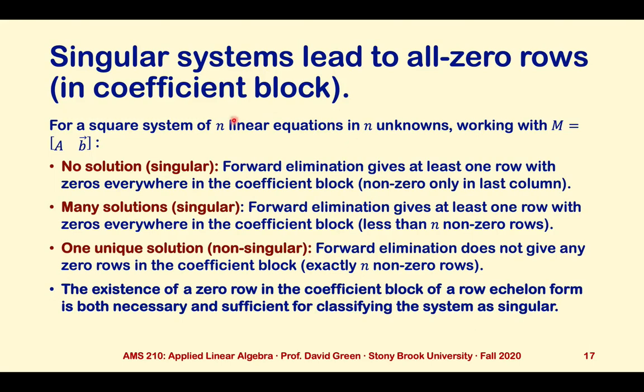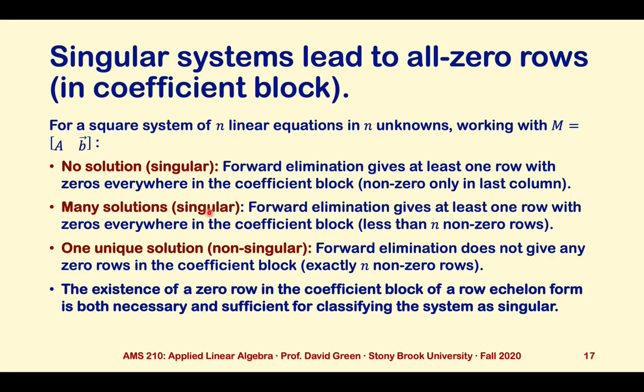In the special case where we have a square coefficient matrix, n linear equations in n unknowns, the same basic rules apply. No solution, a singular system, occurs when forward elimination gives at least one row with zeros everywhere in the coefficient block, and a non-zero only in the last column.